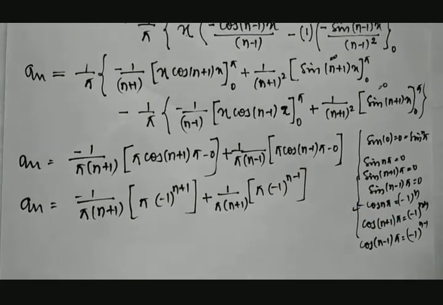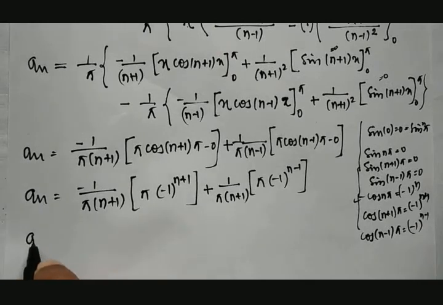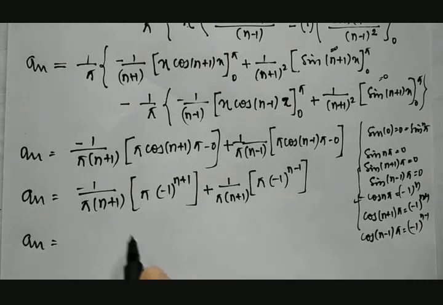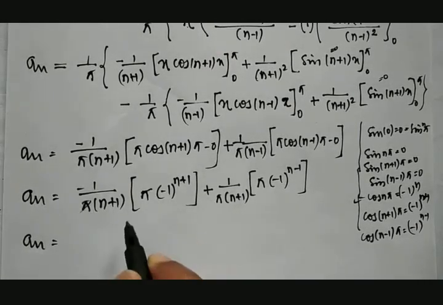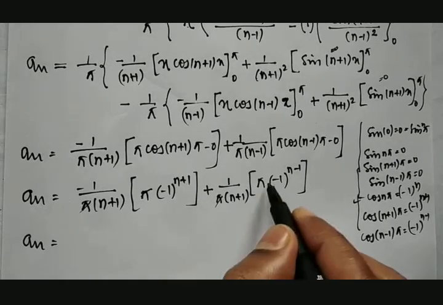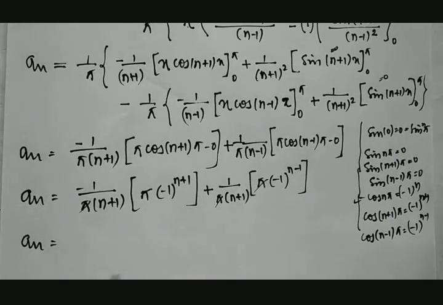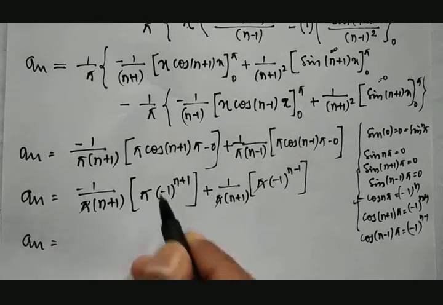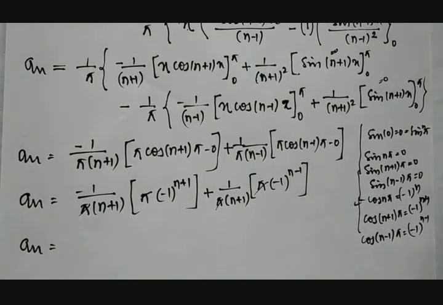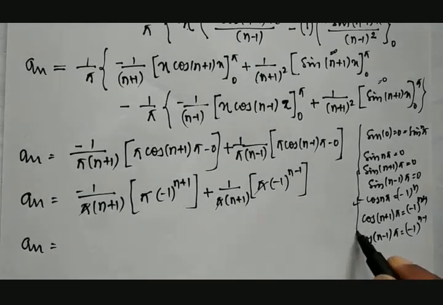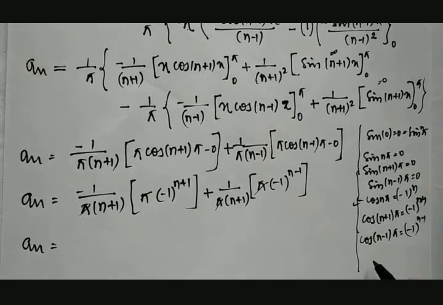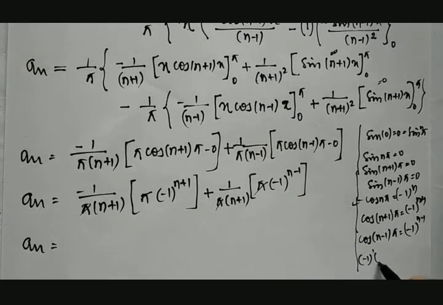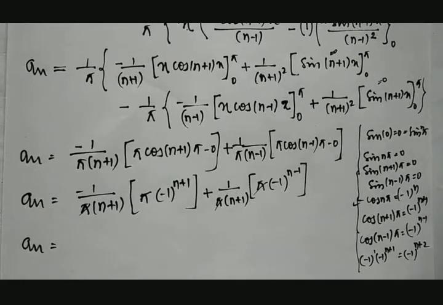Fine. Therefore, a_n is equal to, here pi gets cancelled, here again pi gets cancelled, then what remains? Minus 1 into minus 1 raised to n plus 1. So minus 1 raised to 1 into minus 1 raised to n plus 1 will be equal to minus 1 raised to n plus 2.